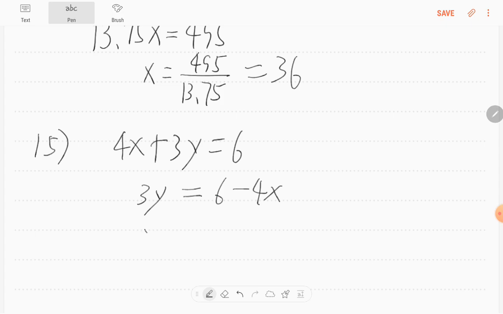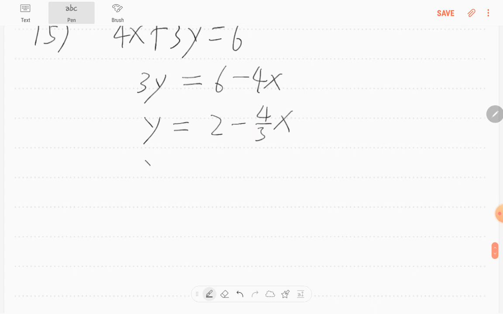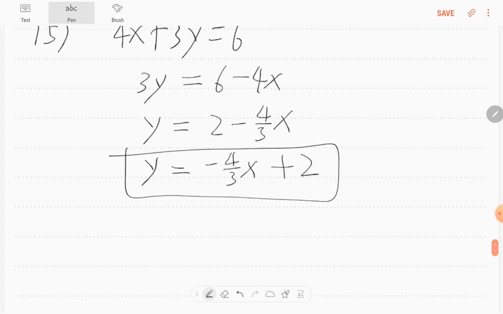Then we divide by 3, so this would be 2 minus 4 over 3 x. In general, we like to write the x term first, so it's negative 4 over 3 x plus 2. So this is your answer.